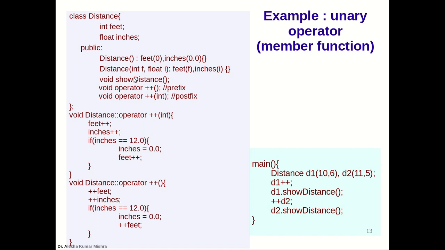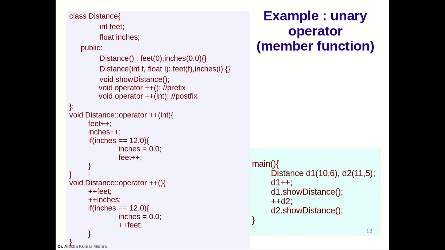Next comes the unary operator using a member function. You can see void operator plus plus. Because it's a member function, the object is passed implicitly. Now the question comes: because we have prefix and postfix operators, how do we distinguish them? We generally distinguish by passing an int keyword.